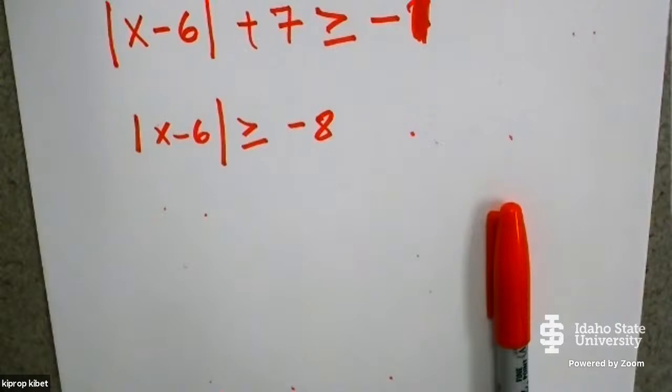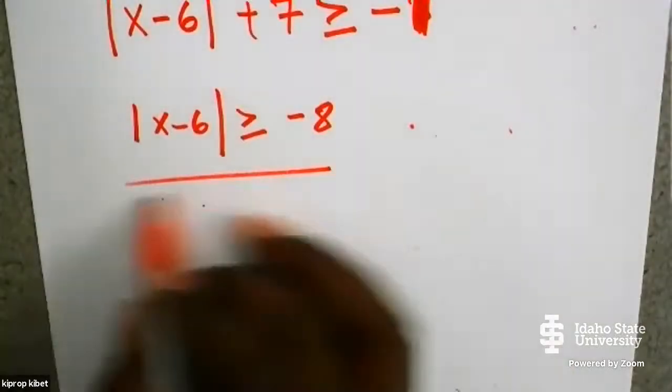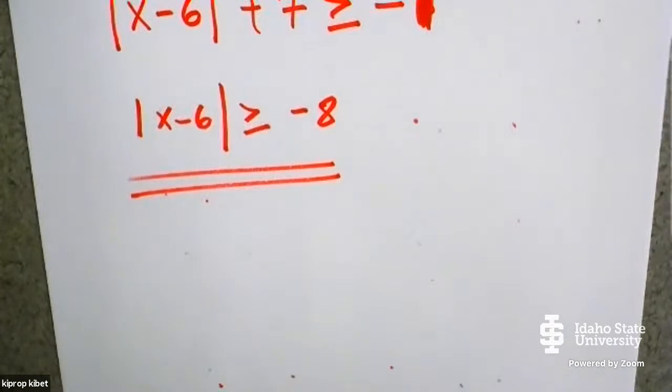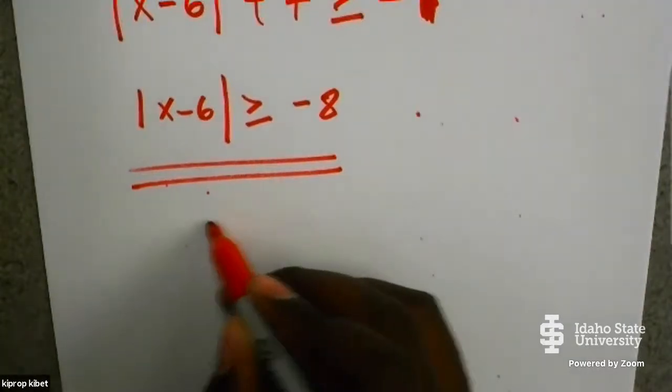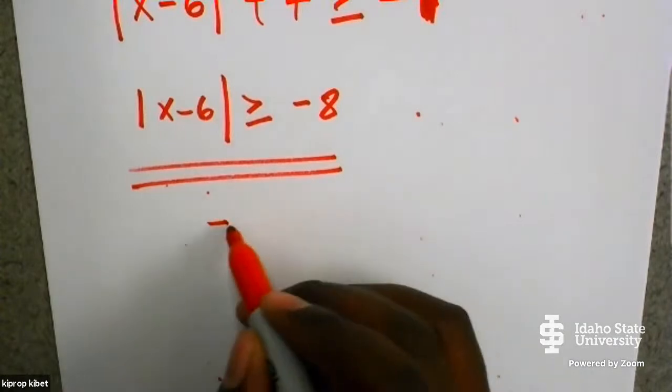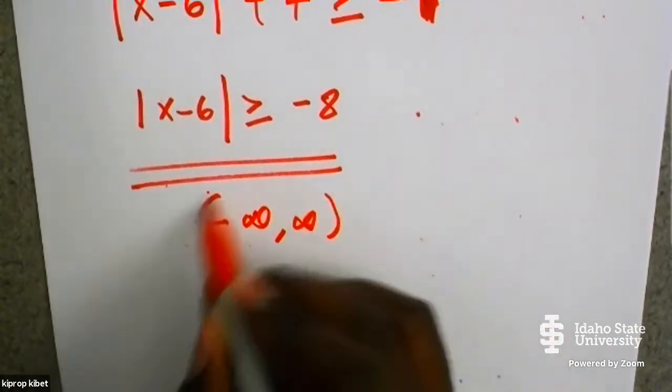Okay? So you go and figure that out, and then you come and let me know on Friday. Our solution here: because the absolute value gives all the positive numbers, and they are greater than minus 8, therefore our interval notation will be minus infinity to infinity.